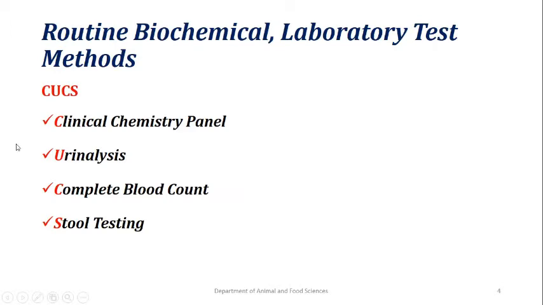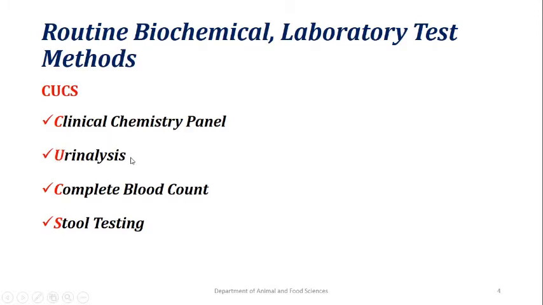Okay. Then urine analysis. Urine analysis is done to identify kidney diseases, liver diseases, as well as diabetes, which has a vital importance in nutrition, or it is a nutrition related disease.